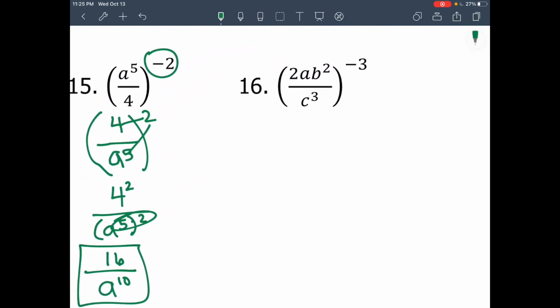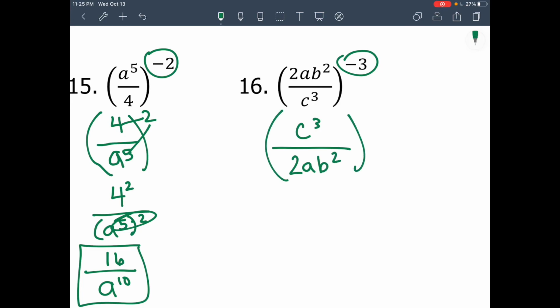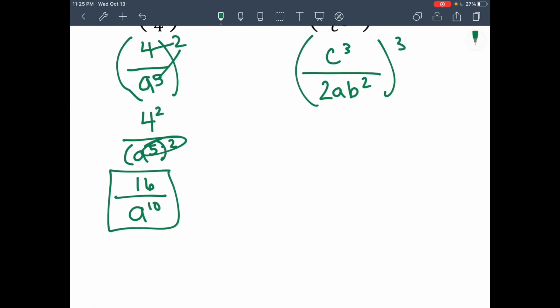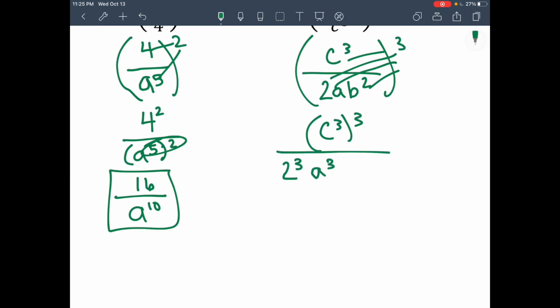So this one is a little more complicated. We're switching, making it positive, and then we've got to give this to a lot of stuff, so we just want to make sure we don't miss anything. So c cubed cubed, 2 cubed, a cubed, and then b squared cubed.